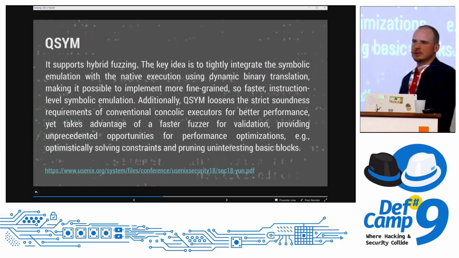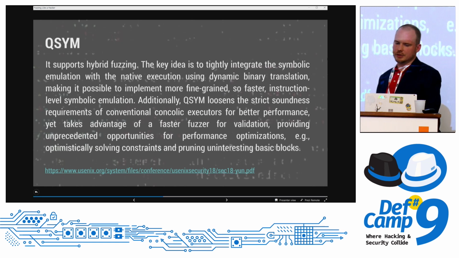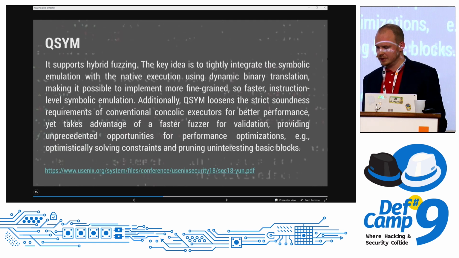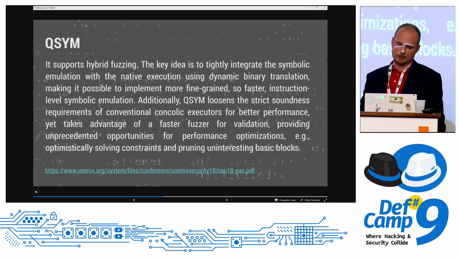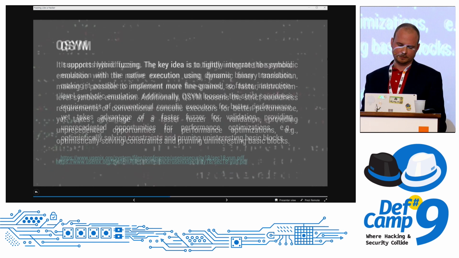The other advantage is that you don't need to recompile your application, because for concolic execution, for every symbolic tool, you need to compile it to an intermediate language instead of a binary. There is also a PDF available on GitHub, and in the PDF there is a link where you can download QSYM.